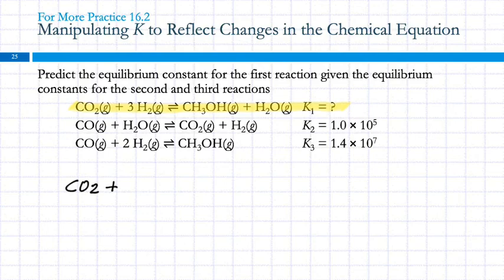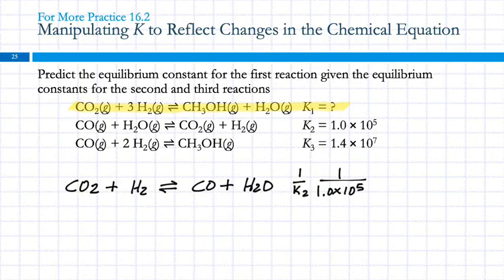CO2 plus H2, making CO plus H2O. And then what do I do to the rate constant? Invert it. So I think people prefer to look at it as 1 over, like that. So this is 1 over K2. And then let's put the other one in here.